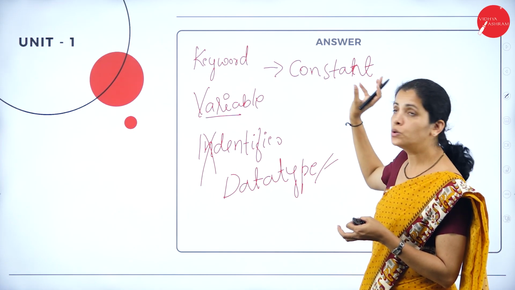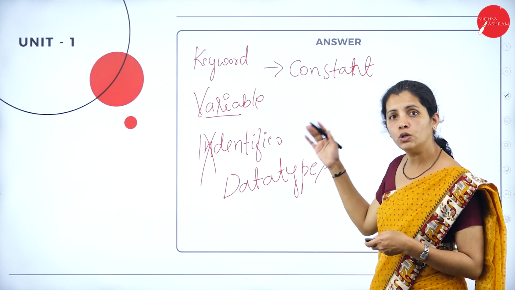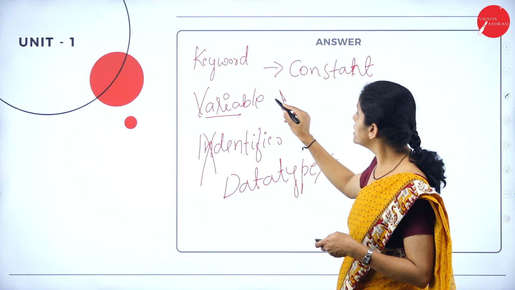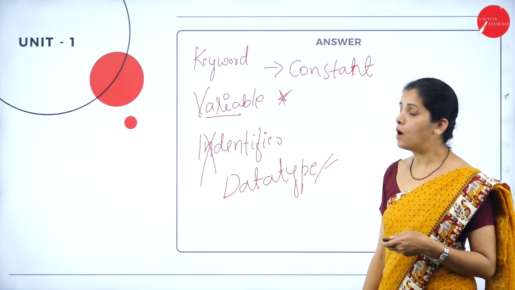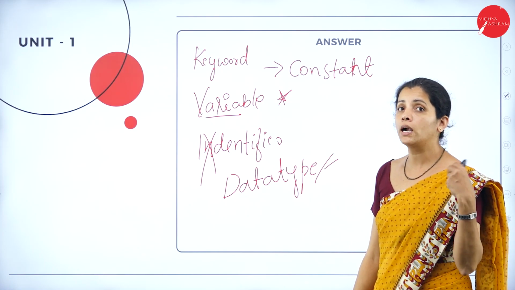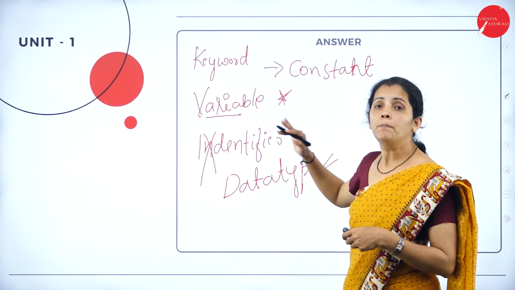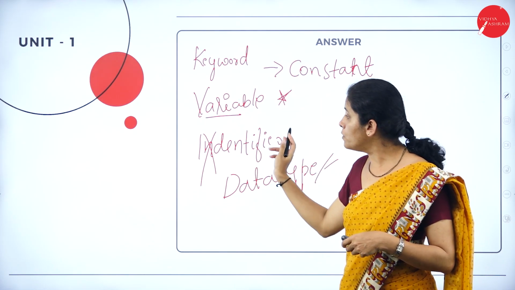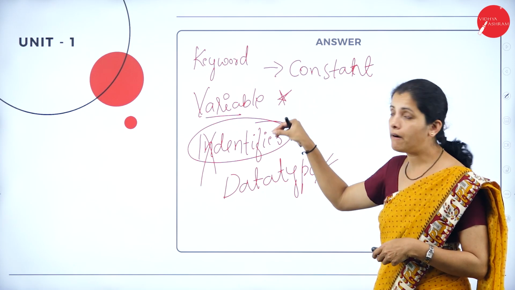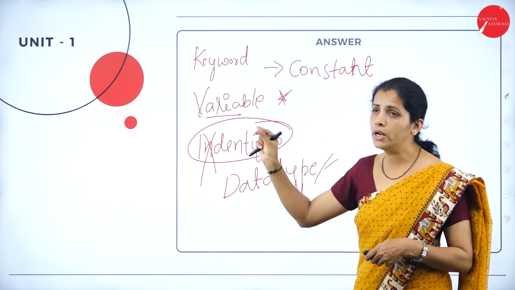Okay, these are some of the examples of token. So, dear student, while studying token, please concentrate more on variables, how to define the variables with example, how to create the variables, and what are the rules I need to follow while defining the variable. At the same time, please concentrate more on identifier, the rules followed while defining the identifier. So, these are the 5 important questions from Unit 1.